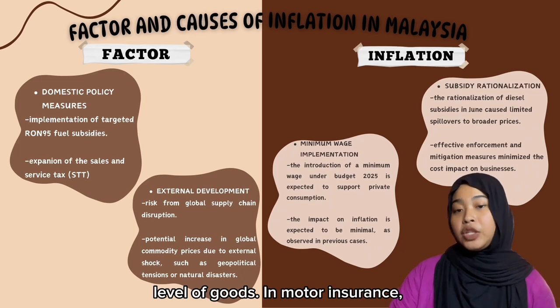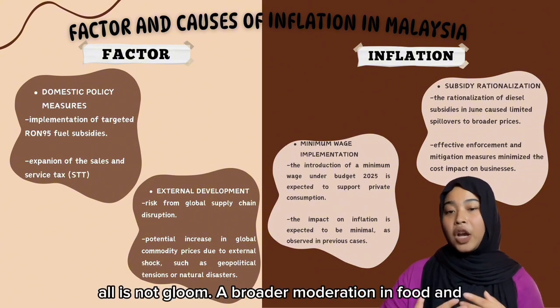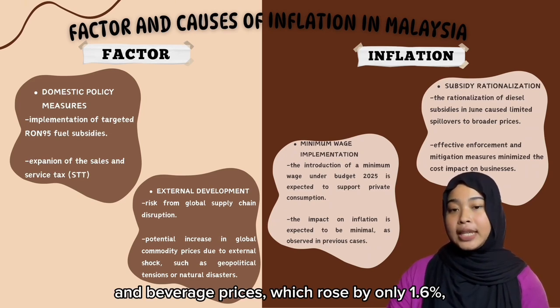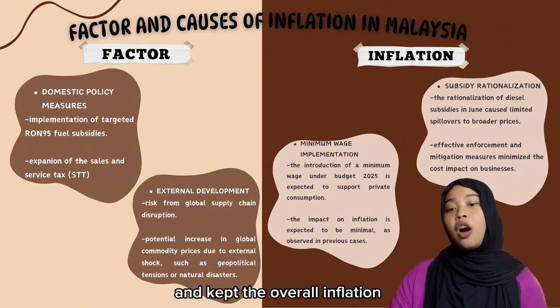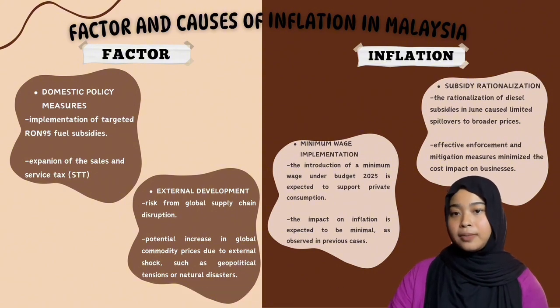Motor insurance increased by 0.8%. However, all is not gloom. A broader moderation in food and average prices, which rose by only 1.6%, has offset this increase and kept the overall inflation rate stable during this period.